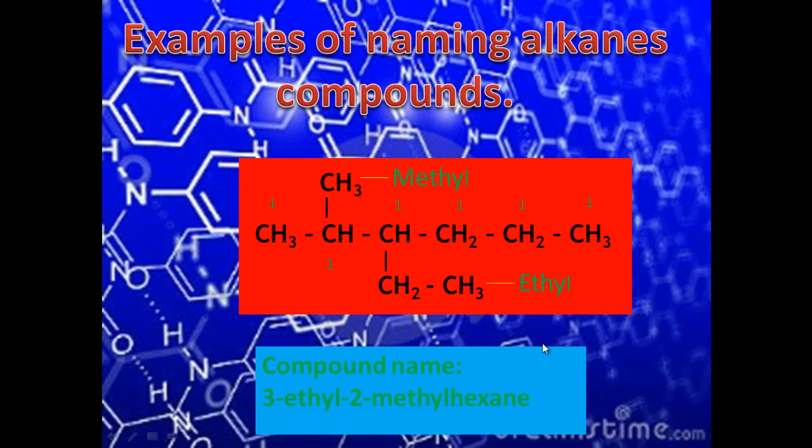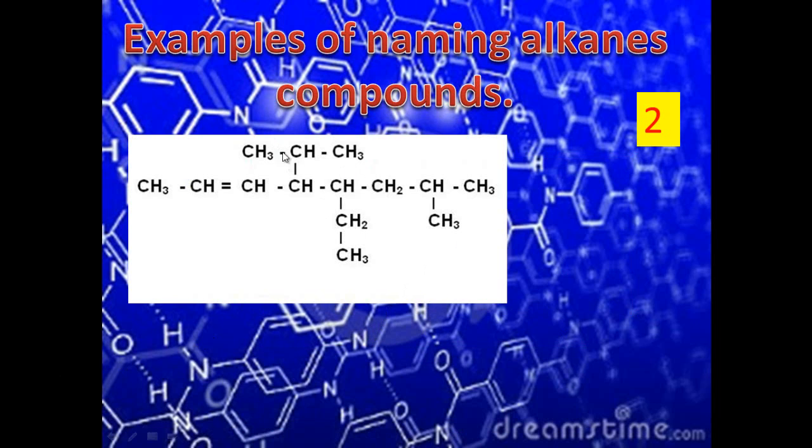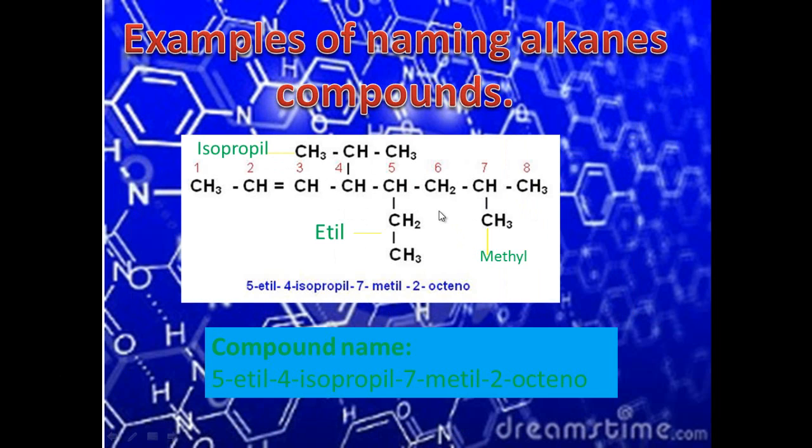And finally, we name them, starting by mentioning the substituents and their numbers, followed by the name of the main chain. This is done with each of the remaining ones. These are more examples of this case.